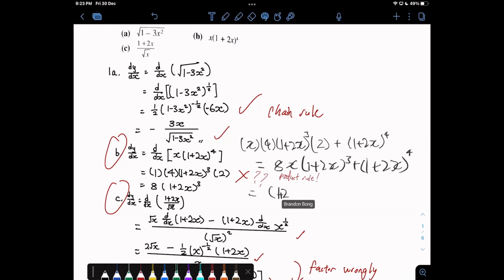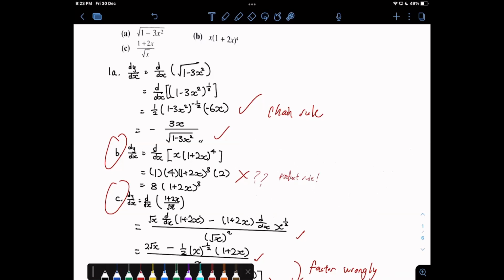Then you can factor out if you want. 1 plus 2x to the power of 3 bracket. Then 8x plus 2x becomes 10x plus 1. Good, you know how to do it. Just need to realize there's a multiplication going on here.